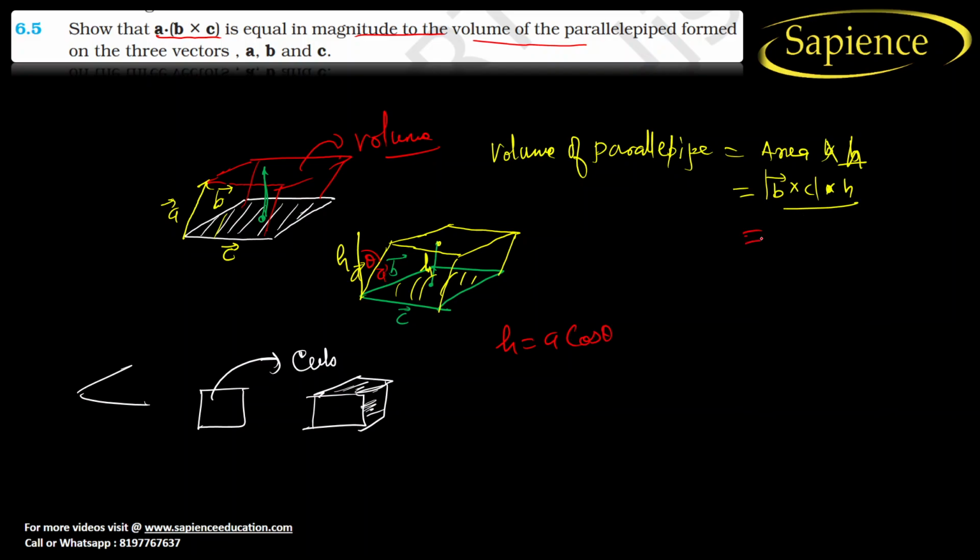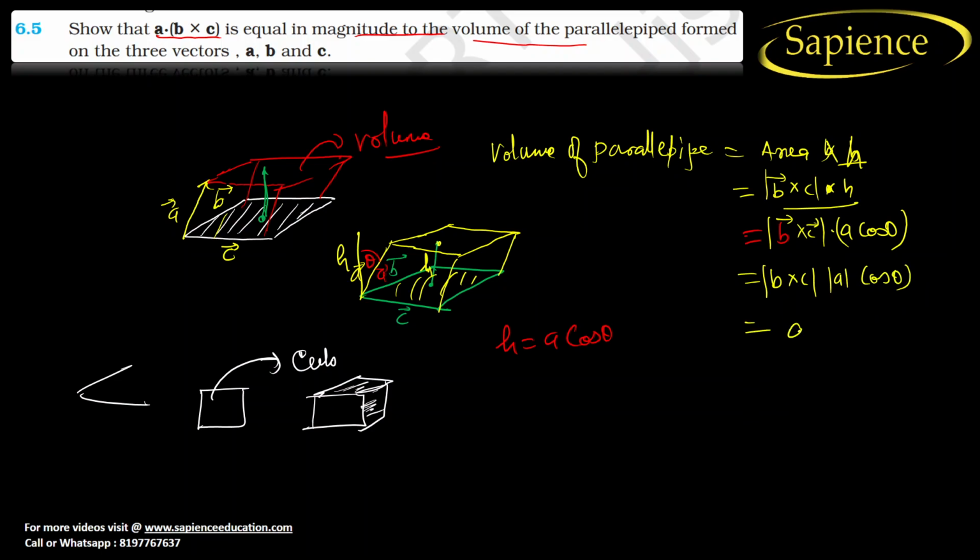So in place of height, we can directly write B cross C into A cos theta. We can see here that it is the magnitude of B cross C into the magnitude of A into cos theta.